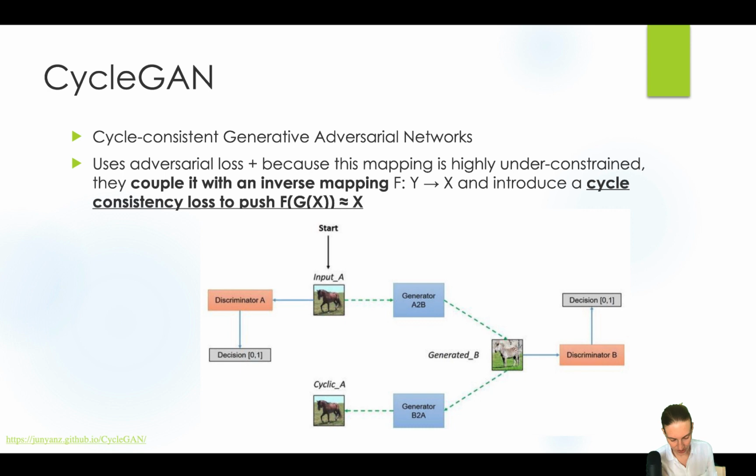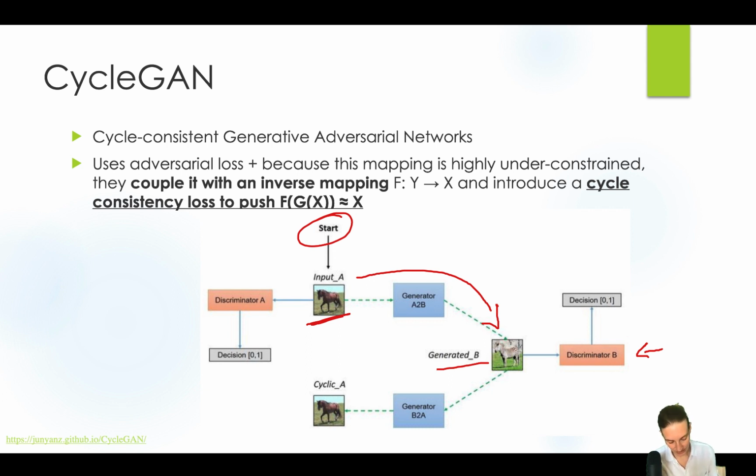We have our start here. We have an input image. We have a generator that generates, in this case we want to make it into zebras, a zebra image, the generated image. This will be fed into the discriminator as in a standard GAN.